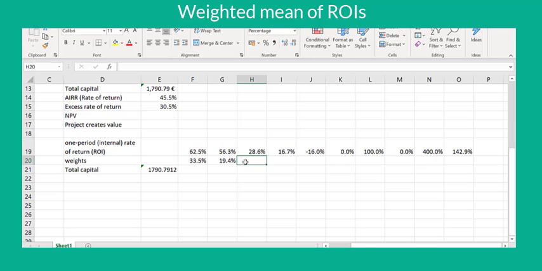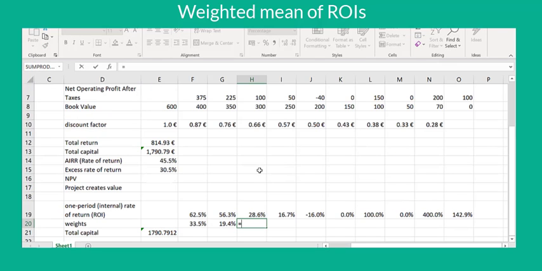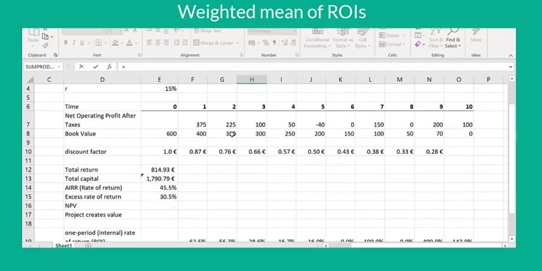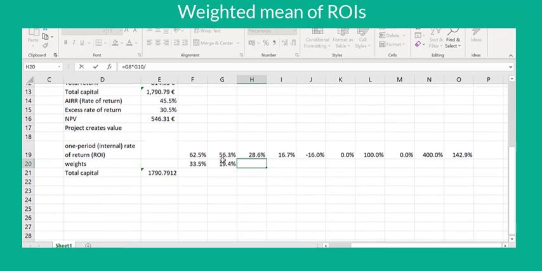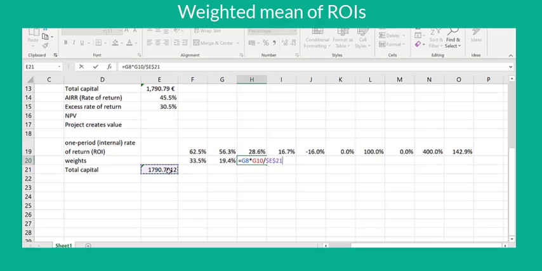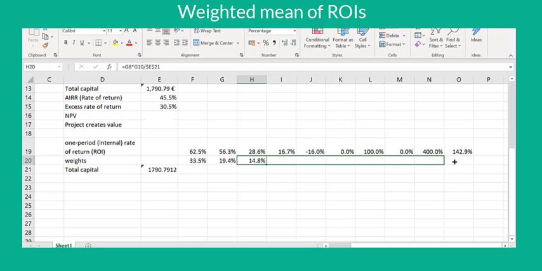And so on. Again, third period, the present value of 350 is 350 times 0.76, and we divide this present value by the total capital invested, and so on, and we just have to copy and paste. We have all the weights.